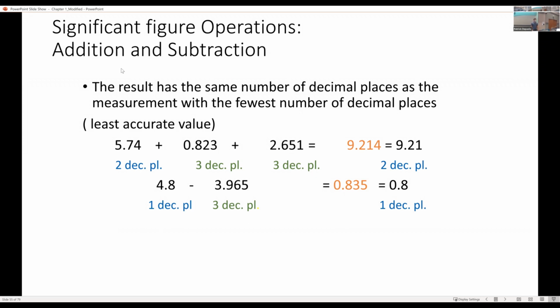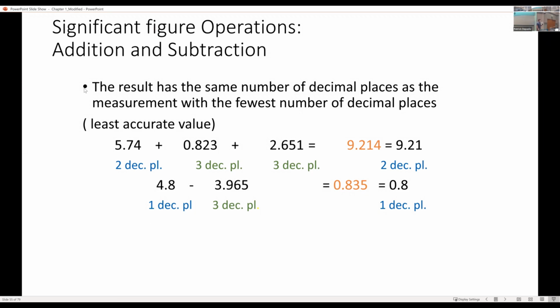The rule of thumb is the answer has to have the least sensitive number of decimal places of any of the numbers that are added or subtracted. So you take the weakest link out of the numbers. That is how many decimal places your answer has to have.